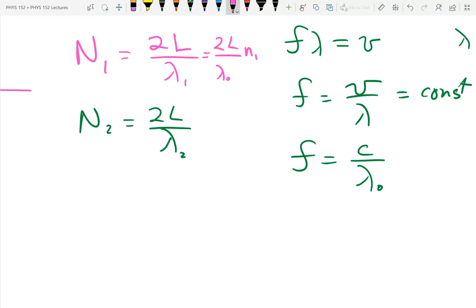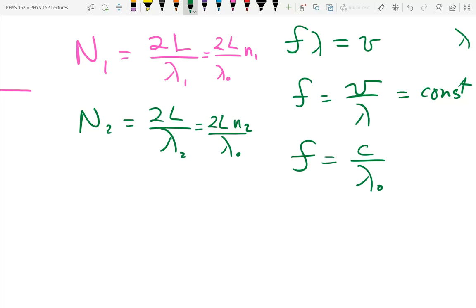And in the second case, where it turns out n2 is vacuum, so n2 is just exactly 1. So that's the number of wavelengths that fit in my cuvette in air and in vacuum.